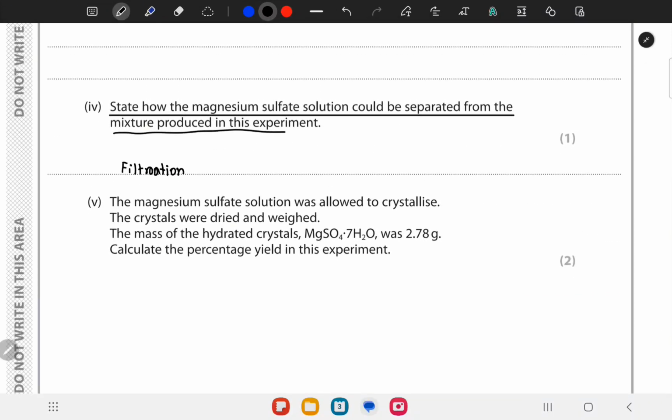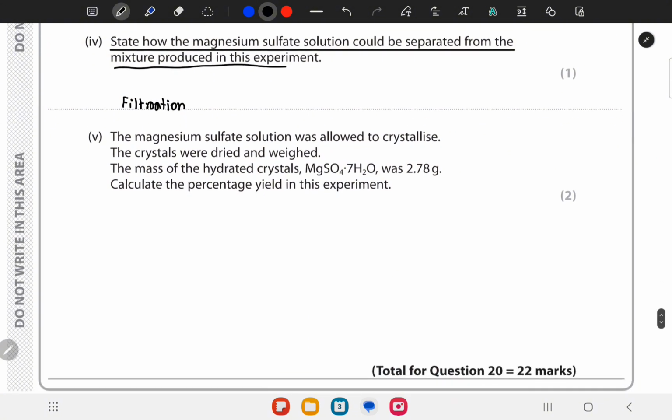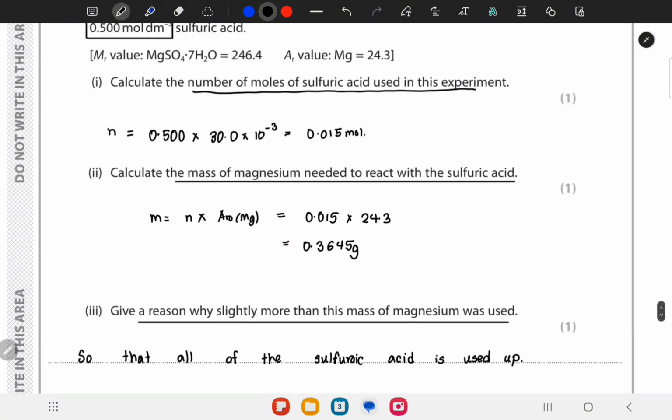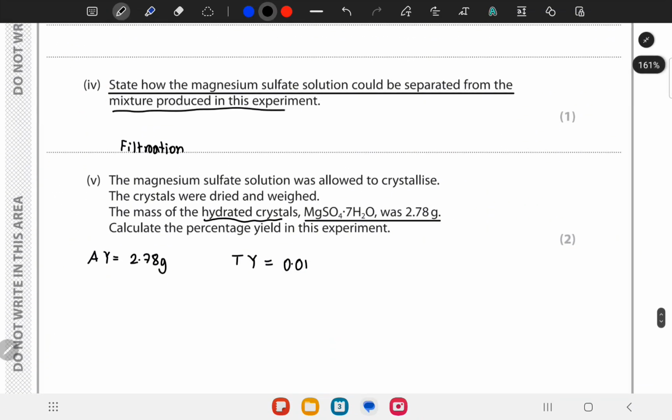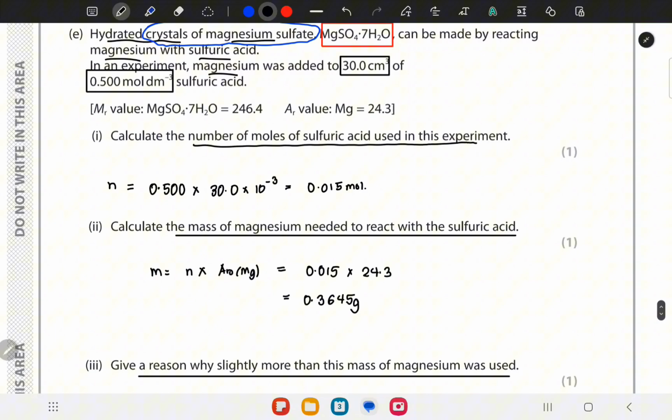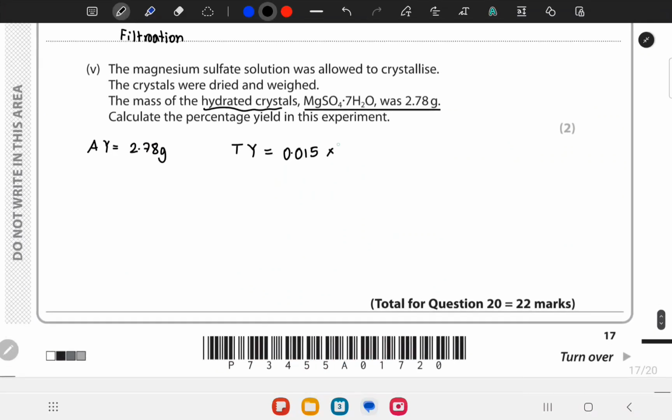Now in part 5, we are given that after they were allowed to crystallize, the mass of hydrated crystal was 2.78 grams. So the actual yield over here is 2.78 grams. We can find the theoretical yield. The number of moles was 0.015 and the molar mass for hydrated magnesium sulfate is 246.4.